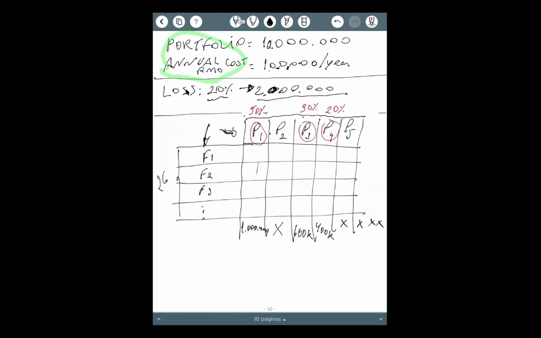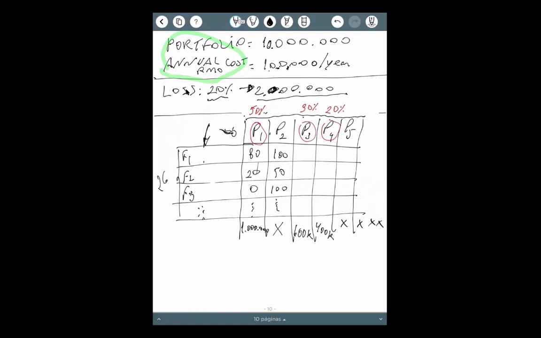All right? So look what we have here. Let me show you. F1, F2, F3, and so on. Let's suppose these numbers are just an example. Let's suppose that F1 is 80, F2 20, F3 0, and so on. Here we have 100, 50, 100, and so on.